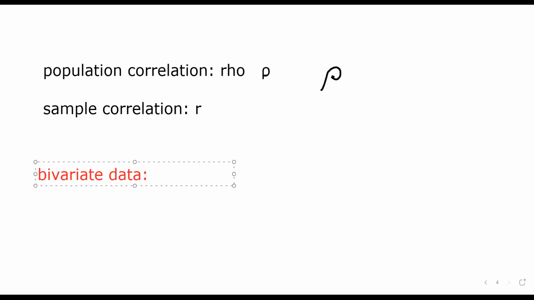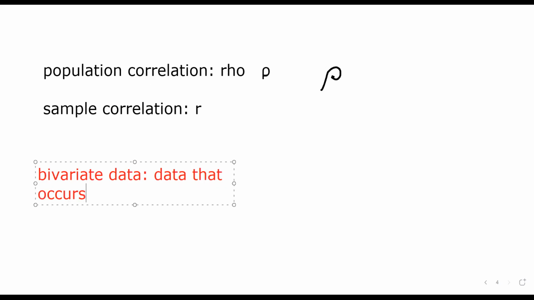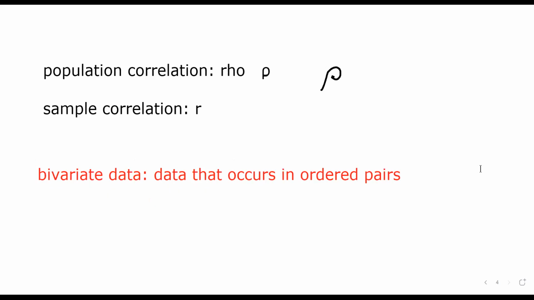I assume you know what the prefix bi means, too, as in bicycle or other words that start with bi. But yeah, bivariate data basically means data that occurs in ordered pairs. In other words, things we put on a scatter plot. So anytime we talk about bivariate data, there are 2 variables being measured simultaneously for various cases.